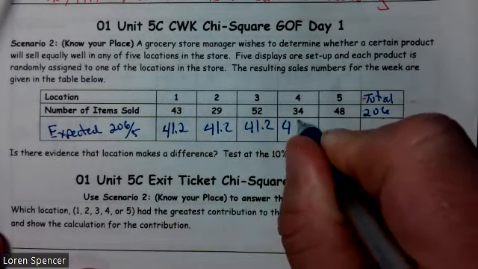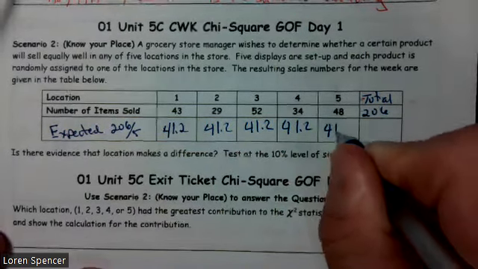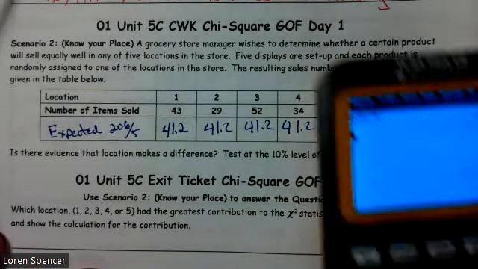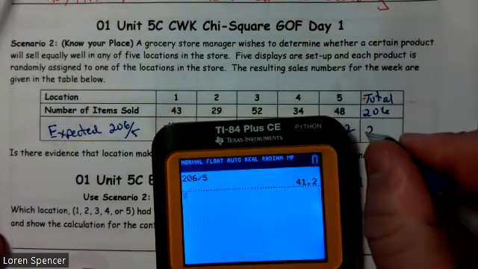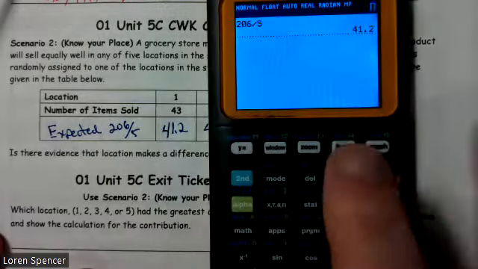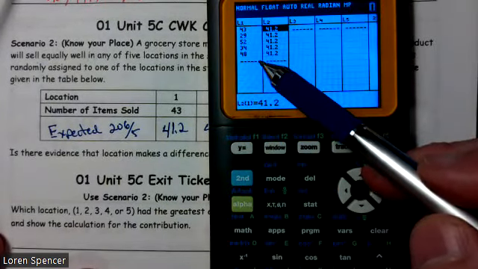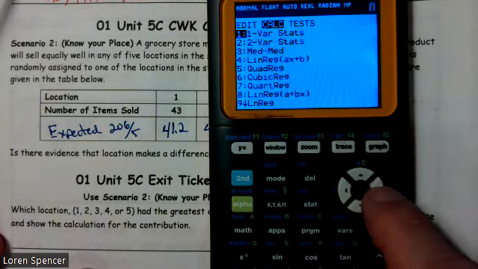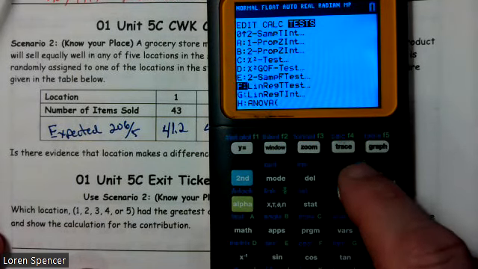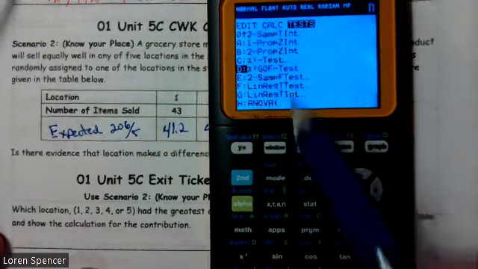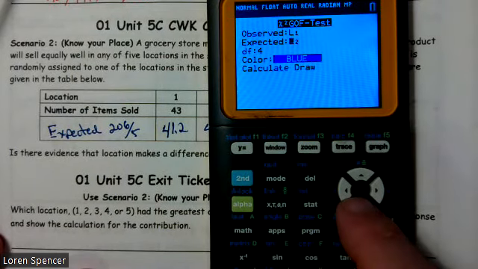I'm going to go ahead and run this, even though we did this in the previous video. This is also 206. I entered my data into stat edit. Then I went to stat test, chi-squared goodness of fit, make sure it's letter D. Press enter.